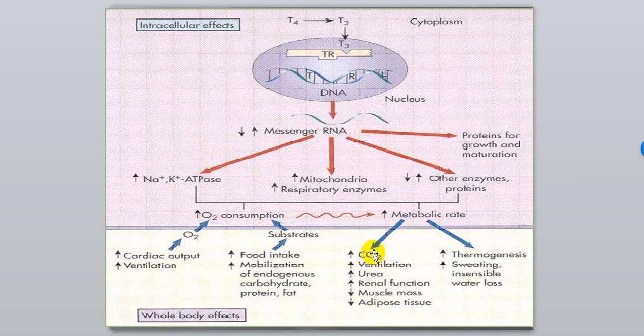So metabolic rate causes an increase of the first 4 points, and this increase of course needs energy that comes from muscle mass, muscle storage energy such as carbohydrate, and from adipose tissue, the source of energy also. Thermogenesis increases also, sweating and water loss increase, of course, all under the effect of thyroid hormone. That is summarized, and we can talk with some explanation in the next slides.